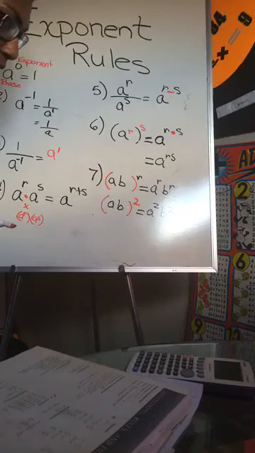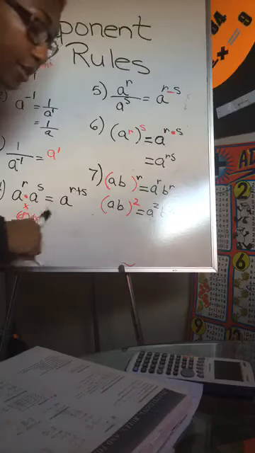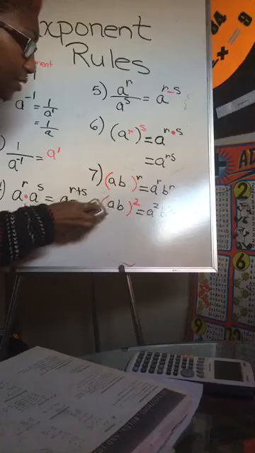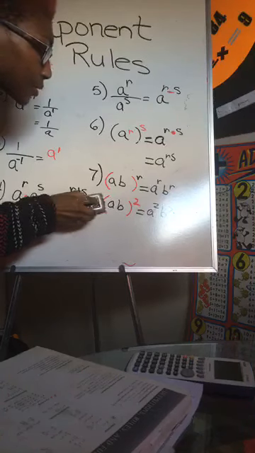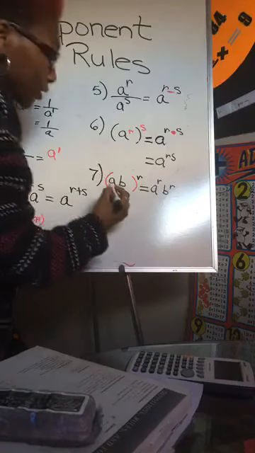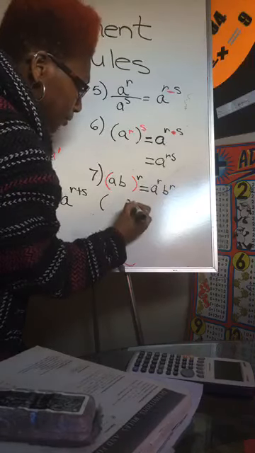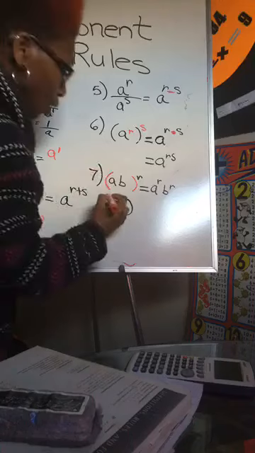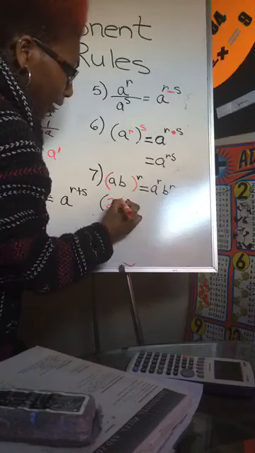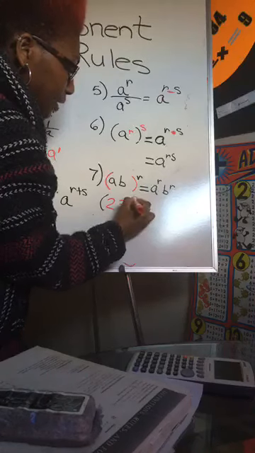I'm going to erase this because I want you all to see it. So let's substitute our variables, which are our letters, with numbers. So let's do 2 and 3 raised to the 2nd power.